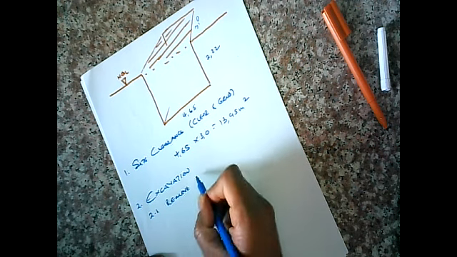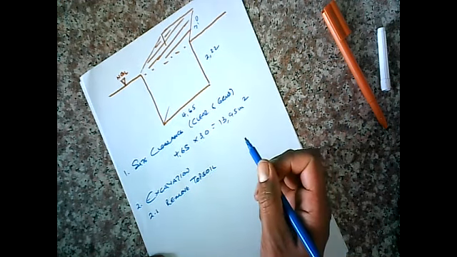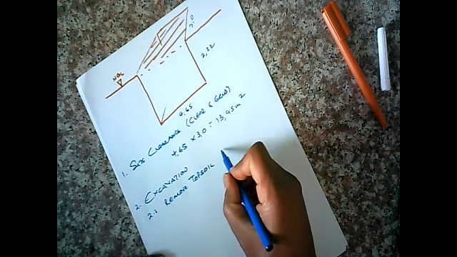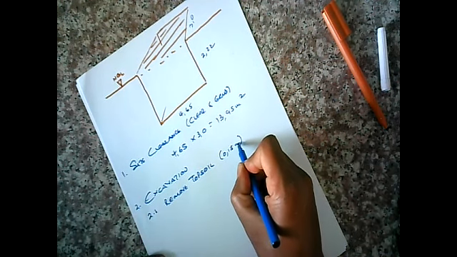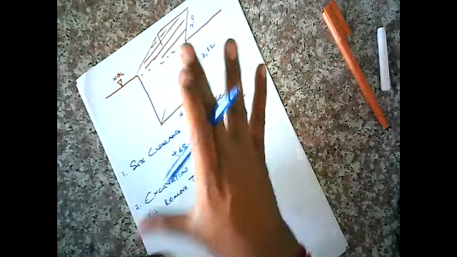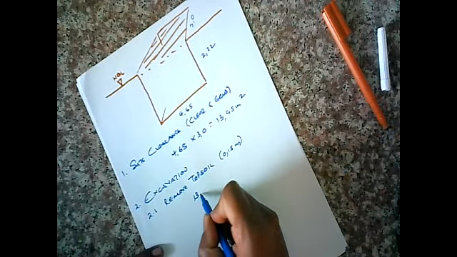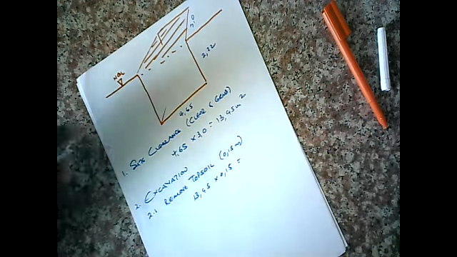Remove topsoil. How much of topsoil? 150 millimeters as per SANS 1200. So we know what the area is, times 0.15, and how much topsoil do we have?